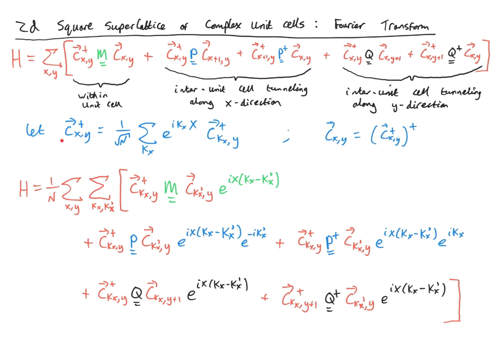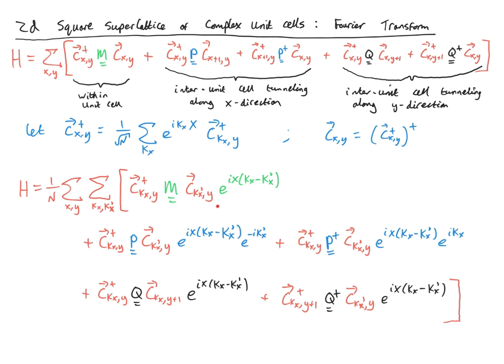Because I have two factors, one creation and one annihilation operator in every term in the Hamiltonian, I get an overall factor of 1 over n out the front. And then I'm transforming the x direction into a kx momentum. I have two operators, so I need two different momenta, which I'm calling kx and kx primed. I have to double sum over both of those.